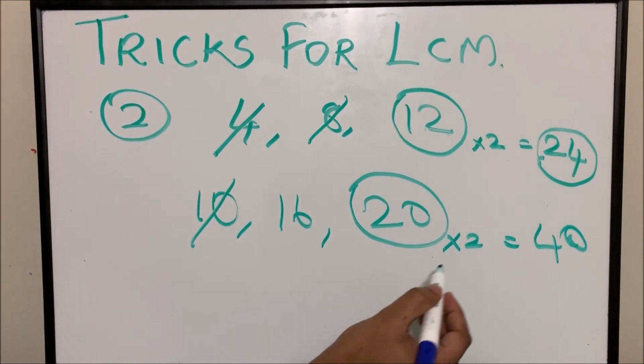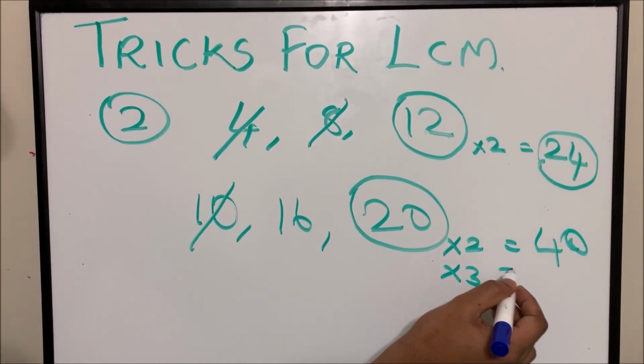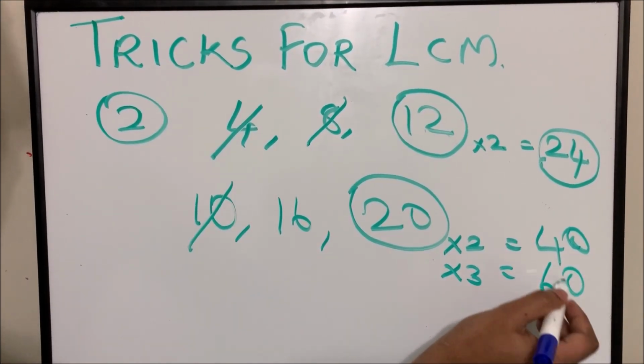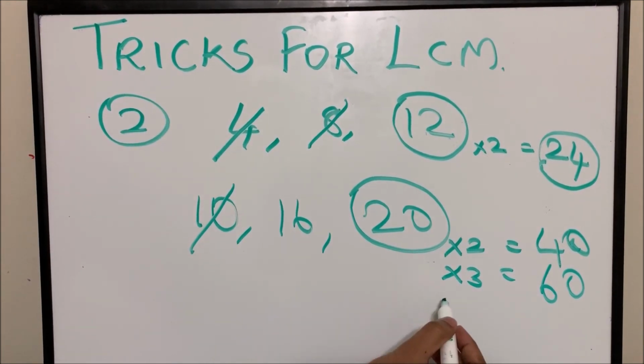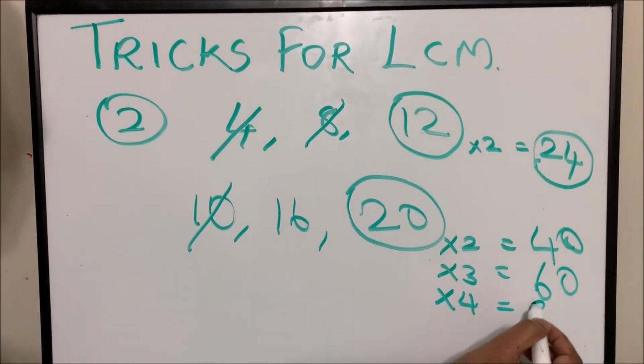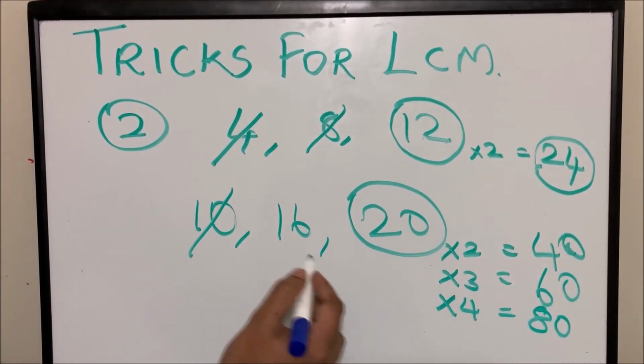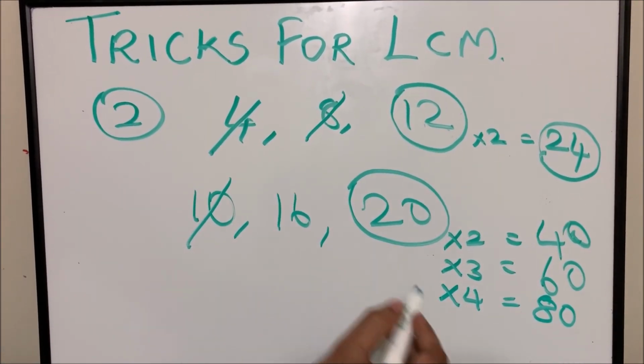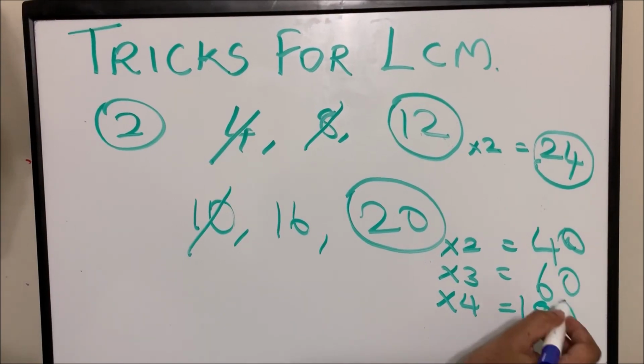Again multiply by 3, that is 60. No. And multiply by 4, which gives 80. Is 80 divisible by 16? Yes. So 80 is the LCM.